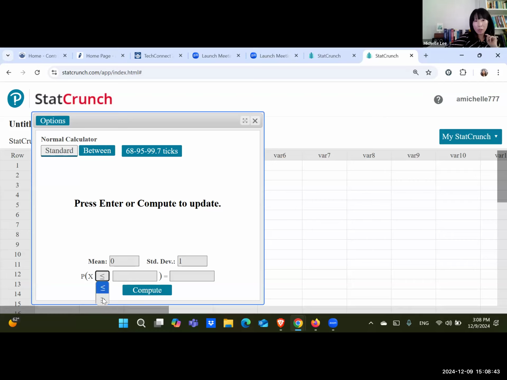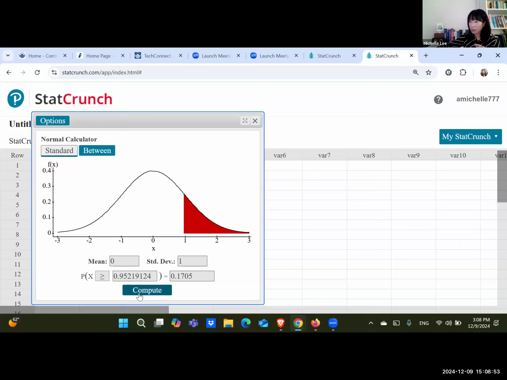So that's question 4, right? And then on the other side, the probability is 0.1705. That is the z-score. 0.95219. That is actually the z-score we are looking for.